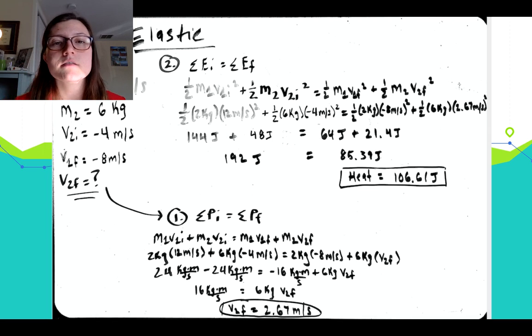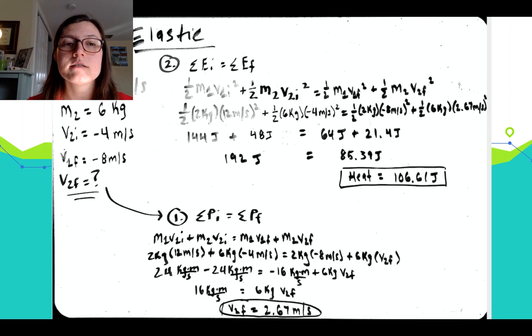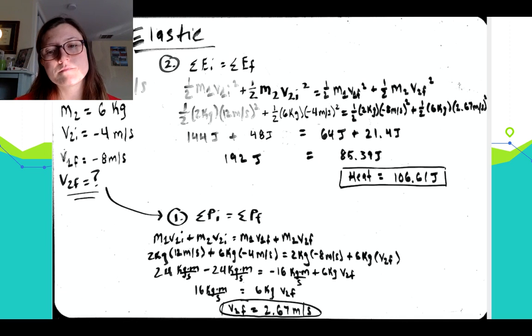Using conservation of momentum, you see the work down here on the bottom of the screen next to number 1. You would find that the final velocity of the second object would be 2.67 meters per second. Using that velocity, you could then plug into the conservation of energy to determine that about 100 joules of kinetic energy would be transferred to thermal energy, or heat.